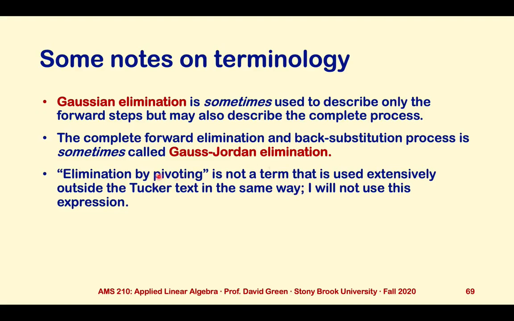I'm going to avoid using this term, especially because there is similar language that is sometimes used in the context of numerical linear algebra, and that similar language for different processes can confuse things. I will call things Gaussian elimination and occasionally Gauss-Jordan elimination.